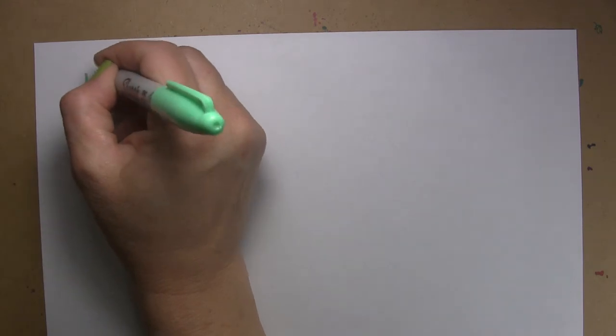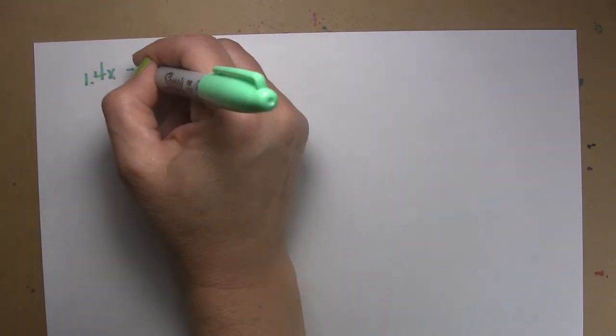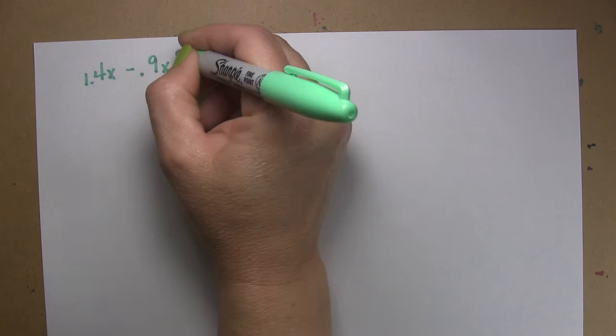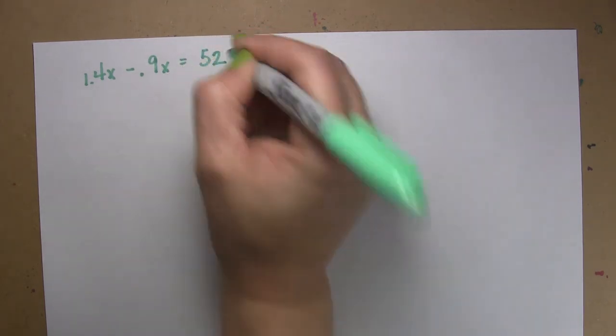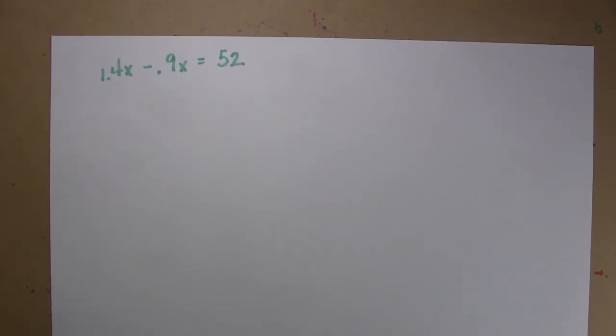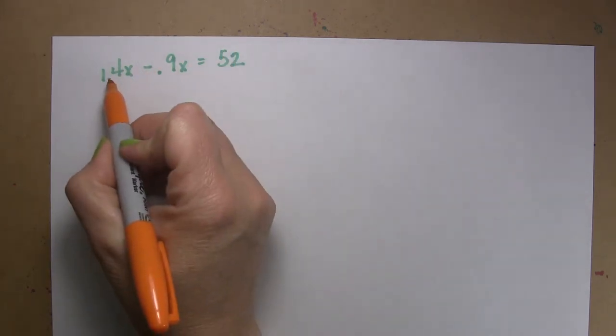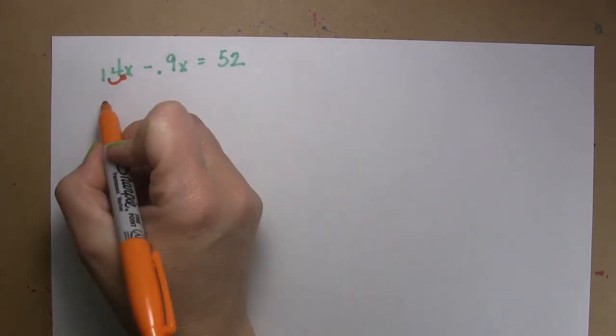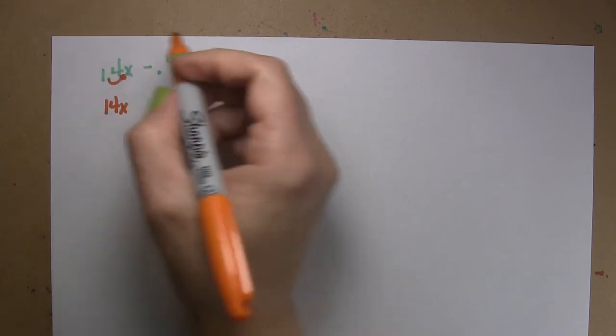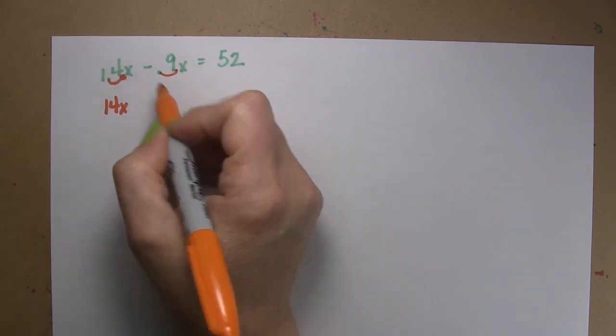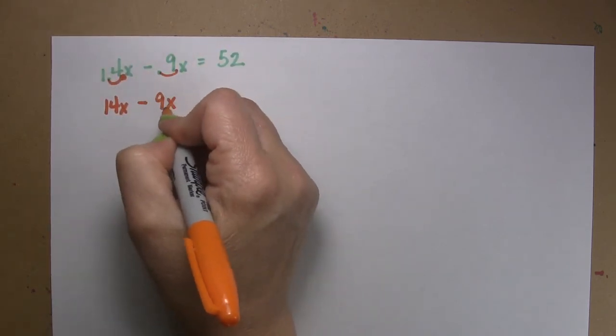Let's look at this one: 1.4x minus 0.9x equals 52. How many places would it be convenient for us to move our decimal point? Well, I hope you saw 1 place, because if we move it 1 place here, then we get 14x. And if we move 1 place here, then we get 9x.